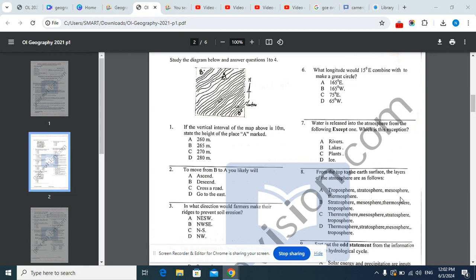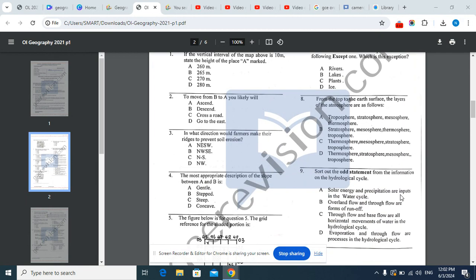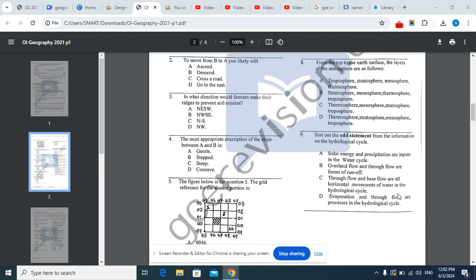The answer is C. Question 9. Sort out the odd statement from the information on the hydrological cycle. The answer is D.